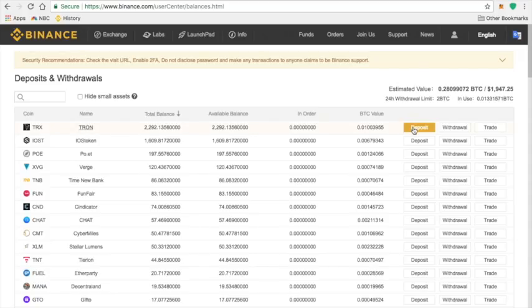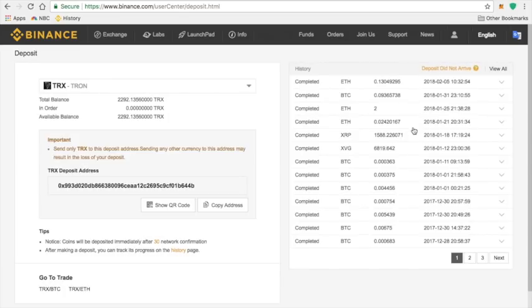I need to give that address when it asks where to put it. You take this address and put it into that address field, and it'll just deposit that money in. It takes a couple hours, or 15 or 20 minutes, however long it takes to get into your Binance wallet, and boom, it shows up.